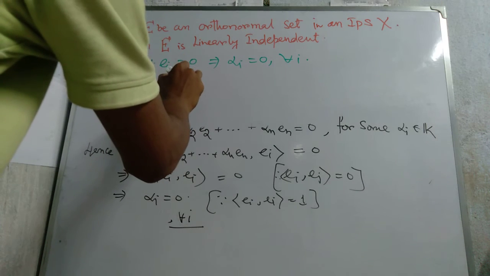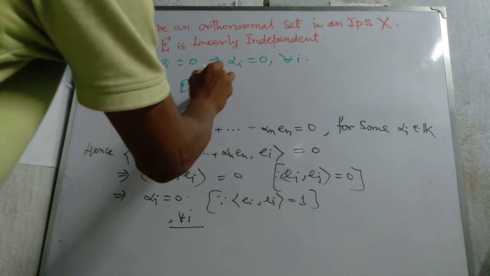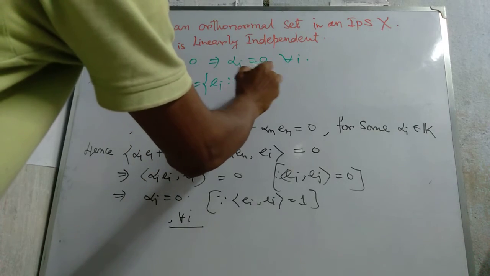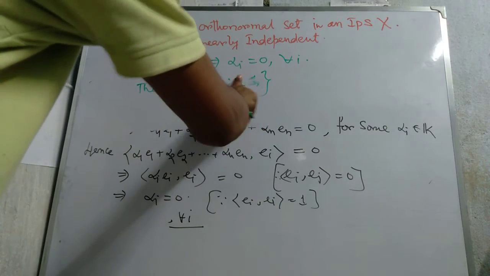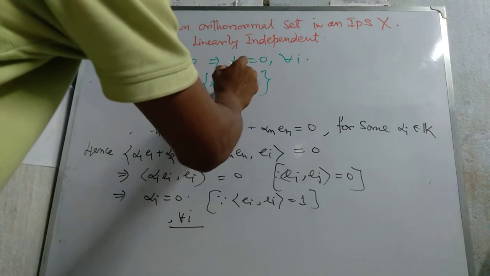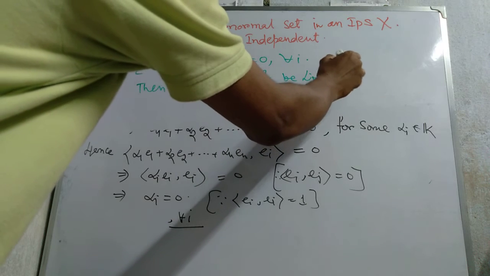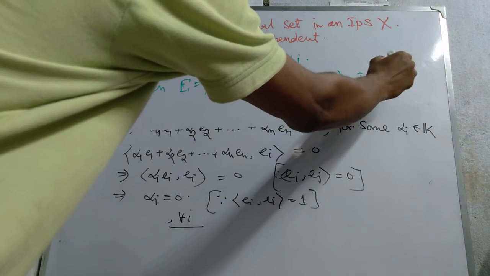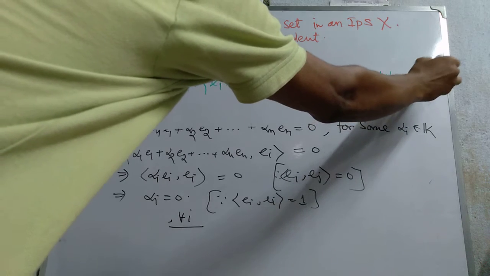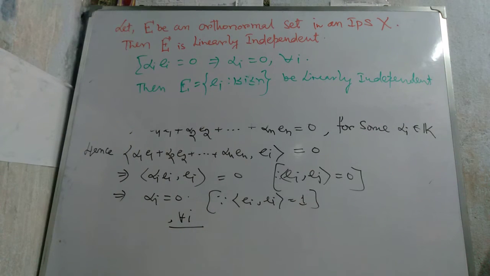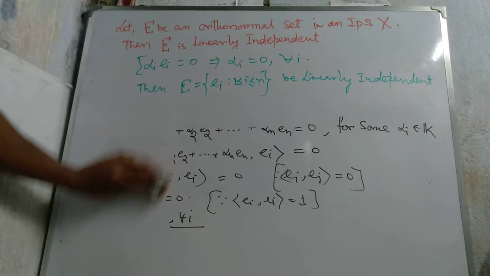Then E, the set of ei for 1 less than or equal to i less than or equal to n, is linearly independent. Now we erase this portion and go on to further discussion of the Bessel inequality.